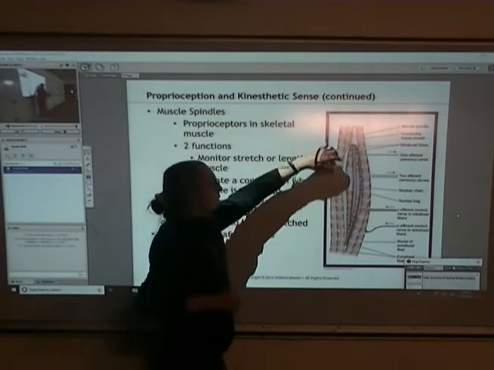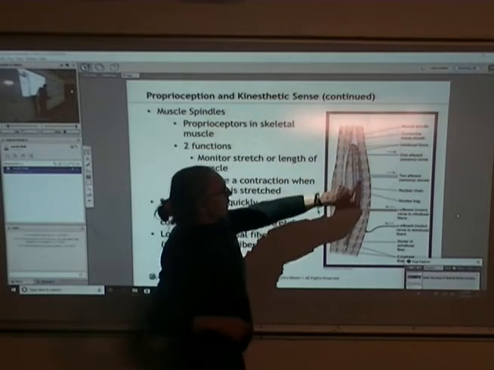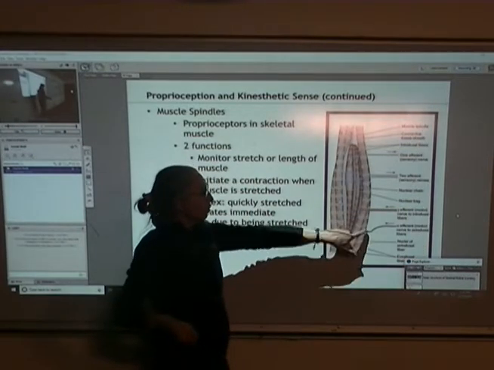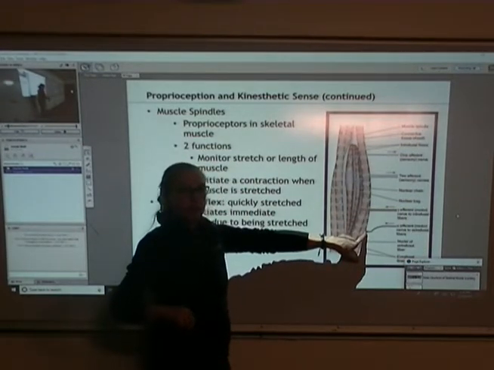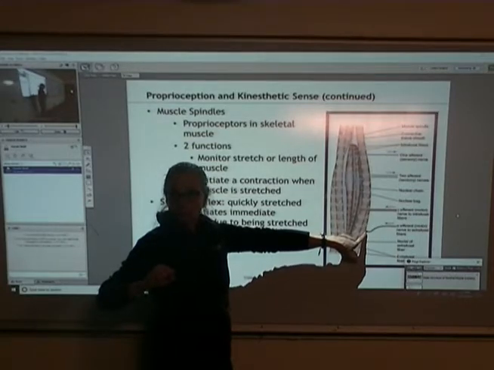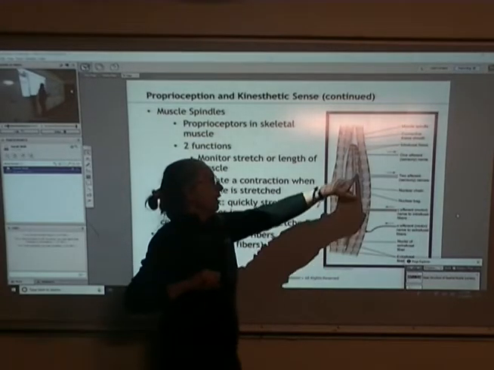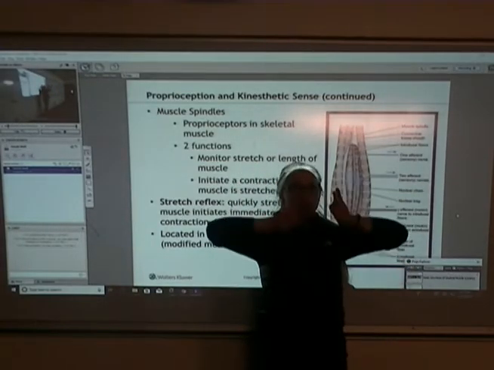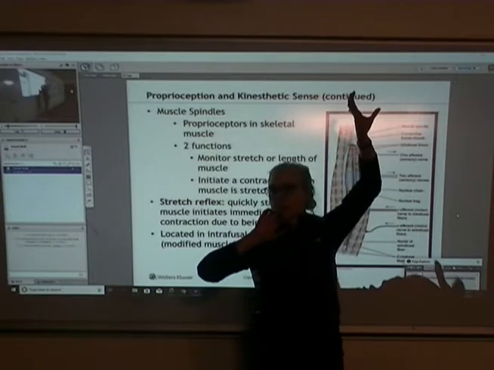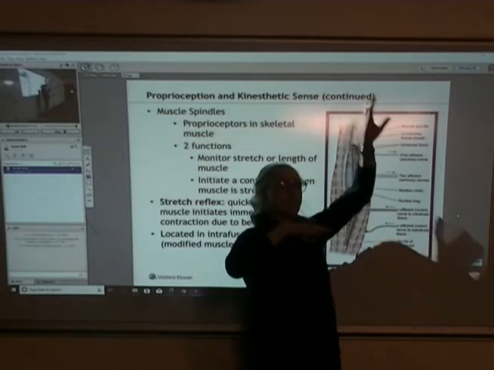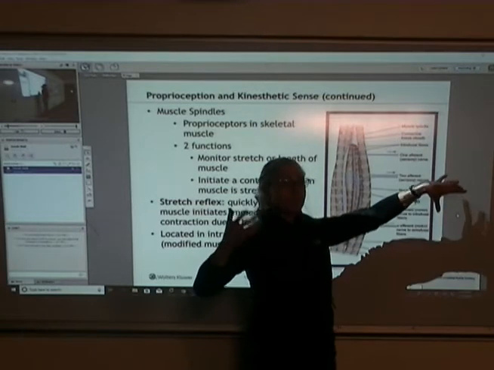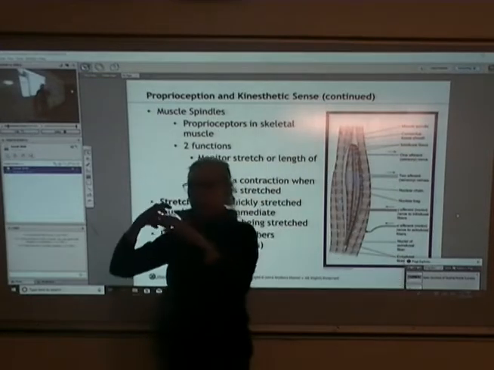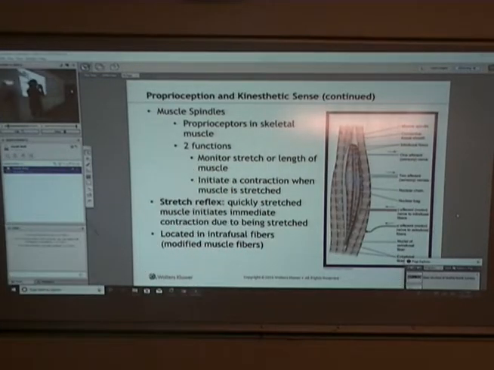So I stretch the muscle, a signal gets sent to the spinal column, another signal comes back to the muscle and tells the muscle to contract. When the signal goes to the spinal column, it synapses multiple times. So some of that information goes to the brain and lets the brain know that the muscle was in danger of overstretching, and some of it will loop around within a reflex in order to rescue the muscle.